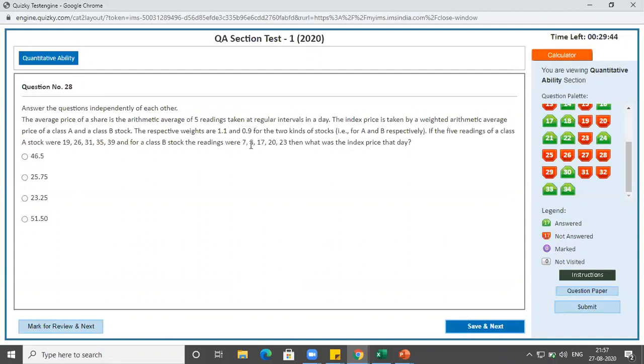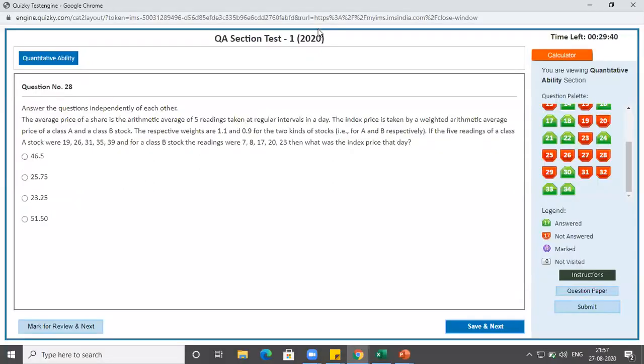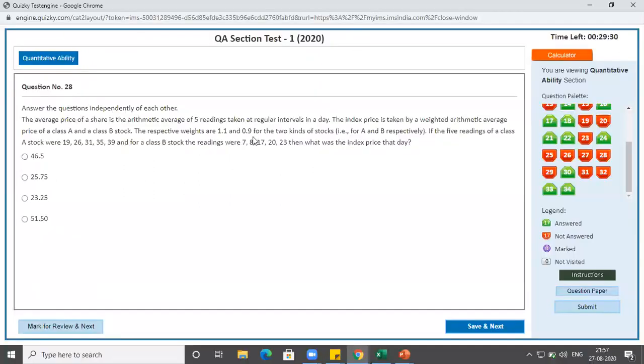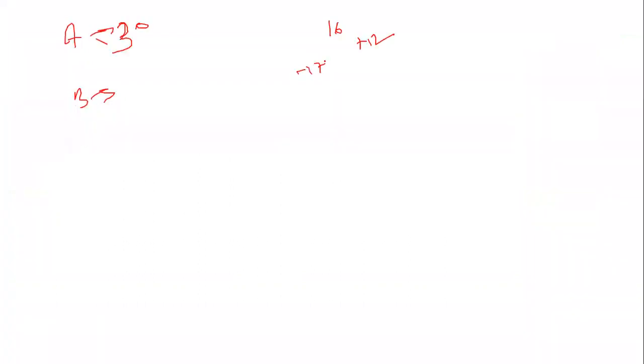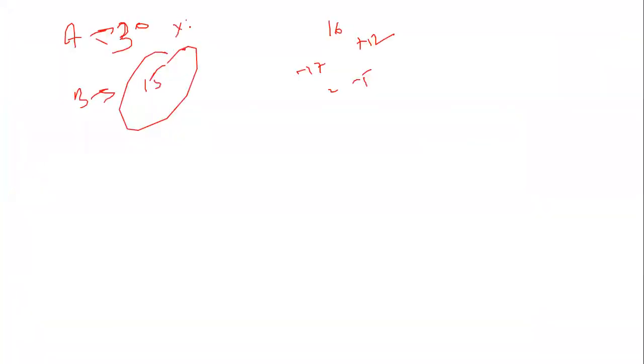So with 16, I got plus 1, plus 5 and plus 7, that is 12 surplus, and minus 8 and minus 9 is minus 17. Now I have to multiply with the respective weights, 1.1 and 0.9.